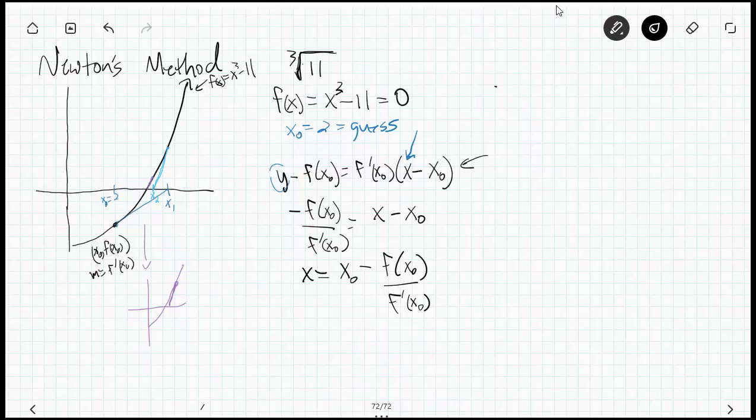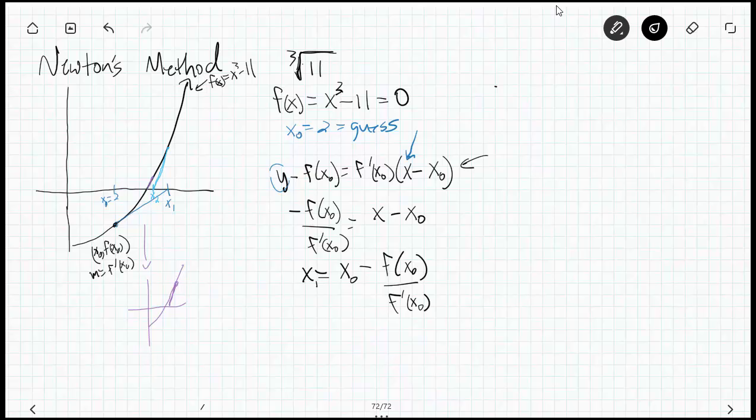All we did was use the equation of a line tangent. Well, all we did was use an equation of a line, which has arguably been around for thousands of years. Now remember, this x-intercept of this first line tangent becomes our new guess, and then we just start the process over again.